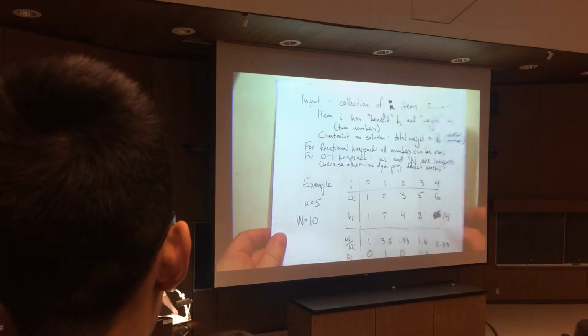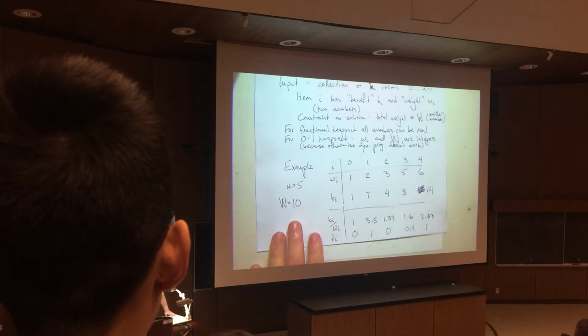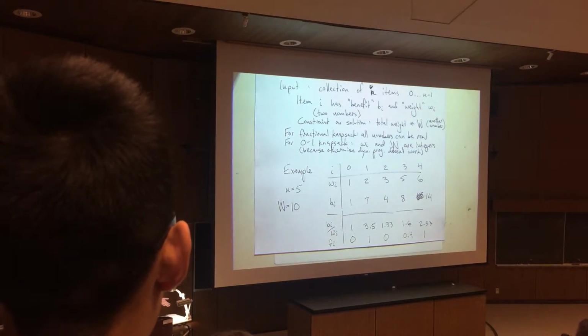Okay. So now we have the same input, but now we want to make the restriction that we can only include an item or not include an item. We don't get to pick these fractional parts of items.